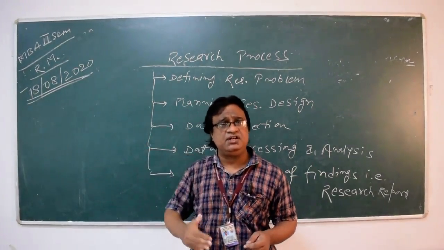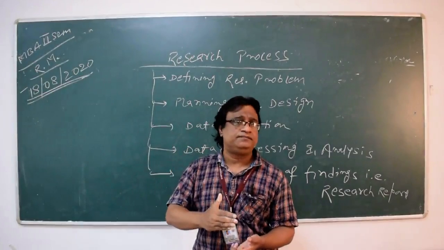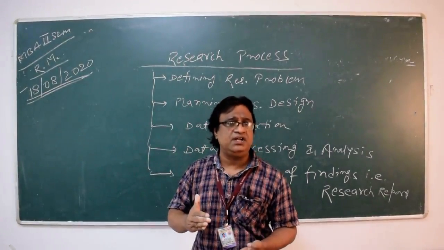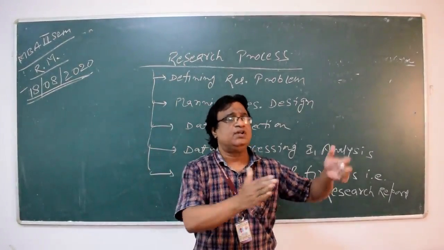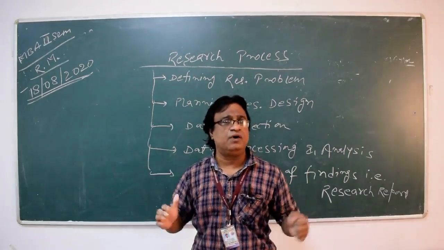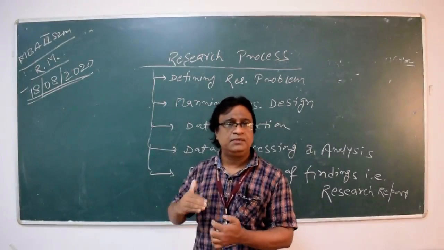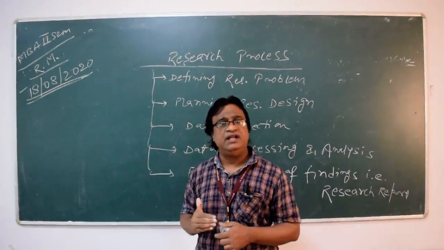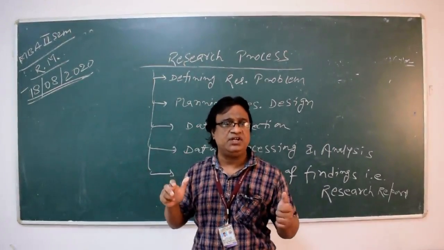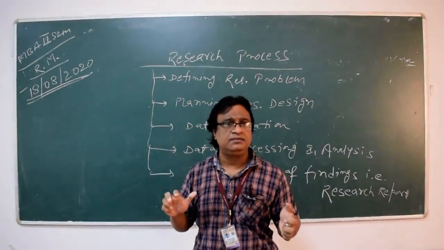In classification, we put a particular kind of data into a particular group. Here we form the groups. After forming the groups, we move to the next phase, that is tabulation. Here we form the table.